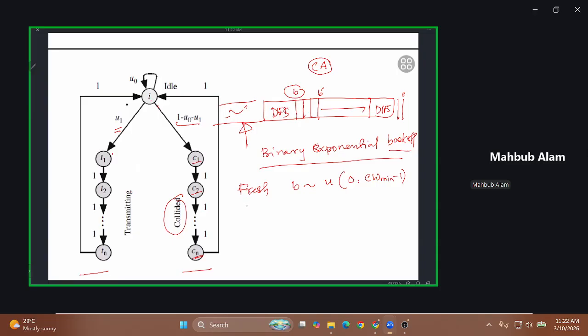In case of the first retransmission, the backup value is chosen uniformly in between 0 to 2 times C window minus 1. For the second retransmission, the backup value is chosen uniformly, and I think you can recall this symbol, the tilde represents the distribution.